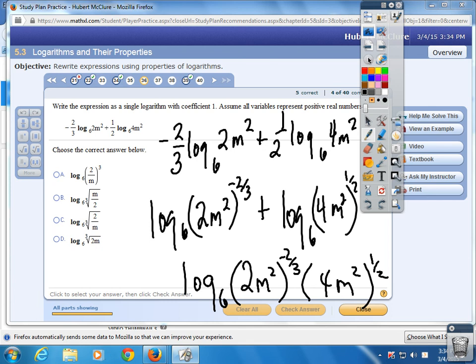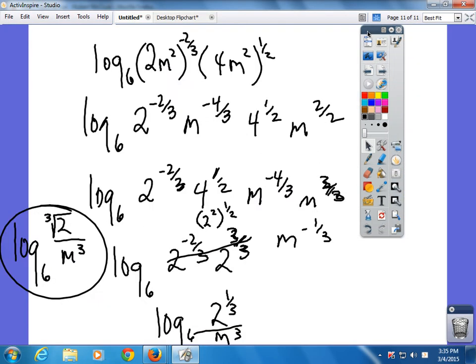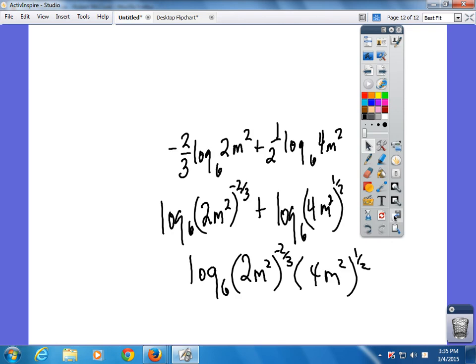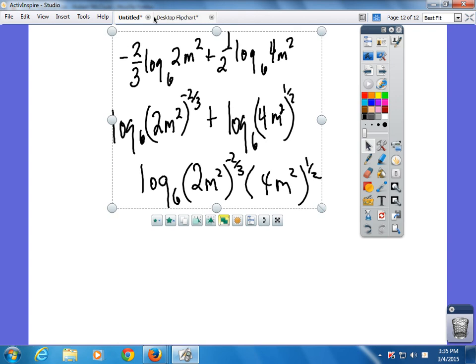This is it. 4m squared. Make sure I've got everything on there. Is that it?